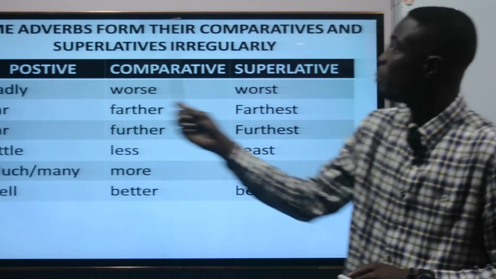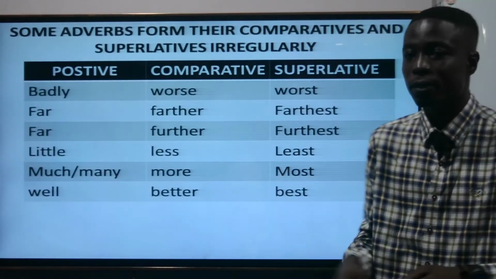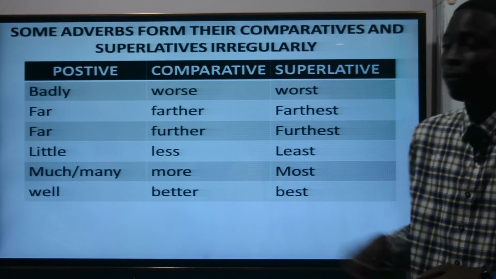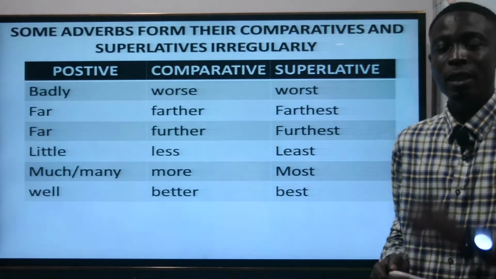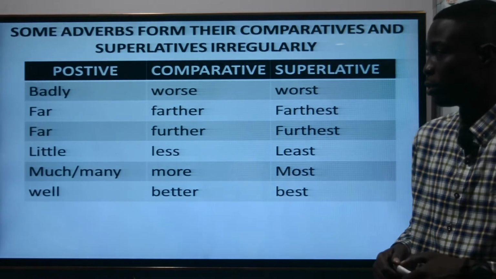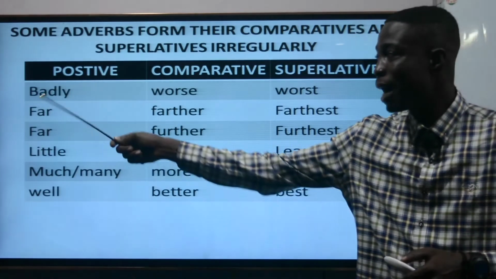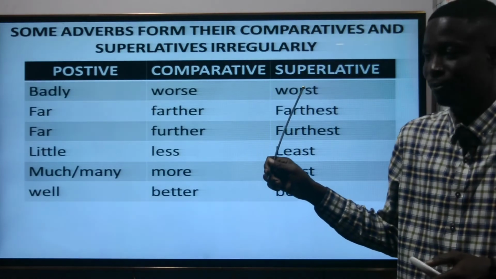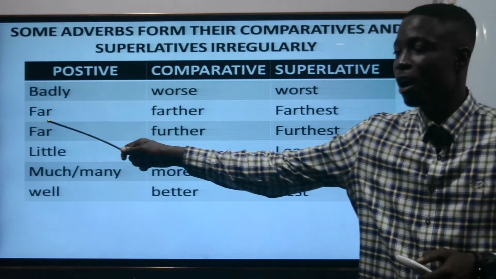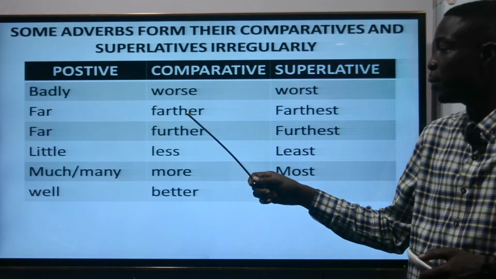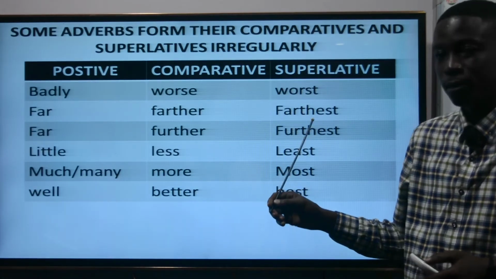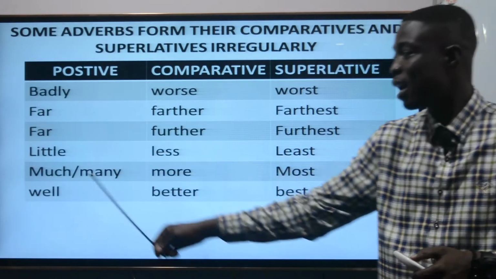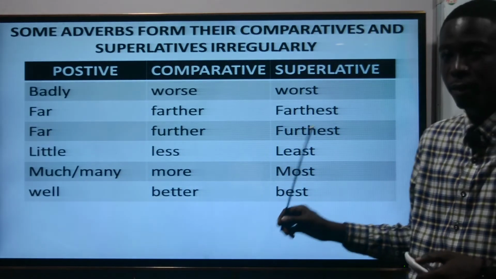Some adverbs form their comparatives and superlatives irregularly. They don't follow the previous two rules. Examples are badly, worse, worst. Far, farther, furthest. Or the same far can be further, furthest.